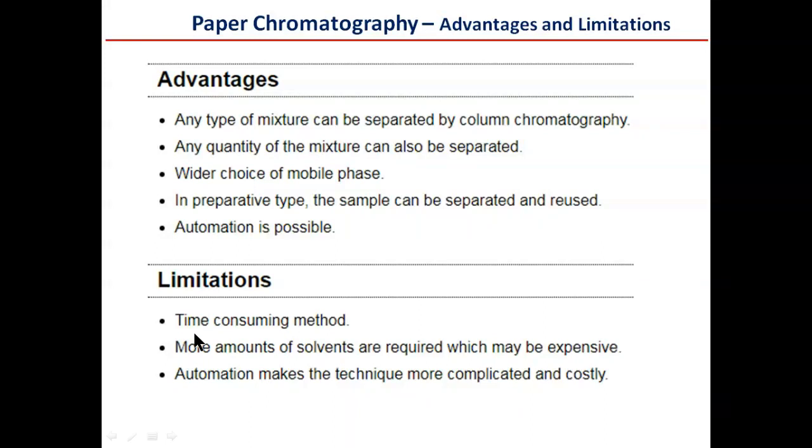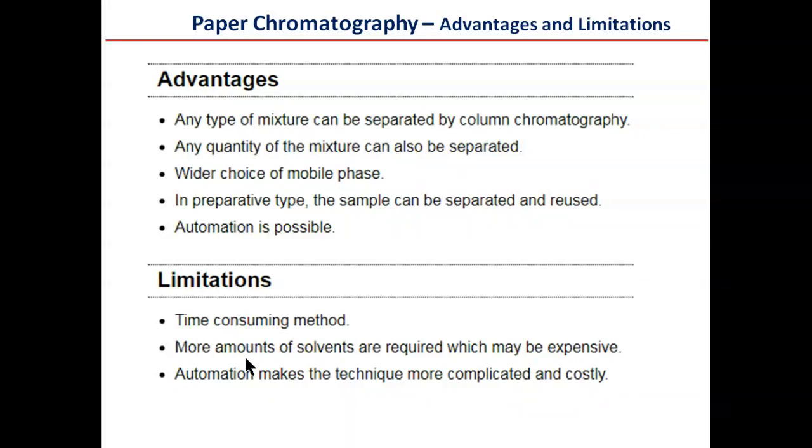And the limitations are, it is a time consuming method, and more amounts of solvents are required, which may be expensive. More amount of solvents are required because in the case of column chromatography we need to continuously flow the mobile phase in order to separate the constituents from the mixture.